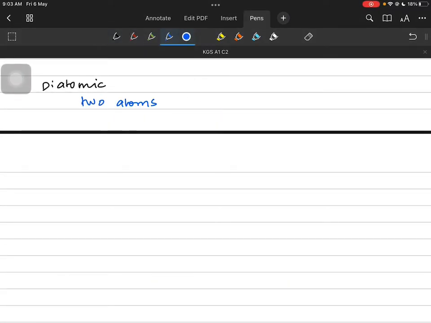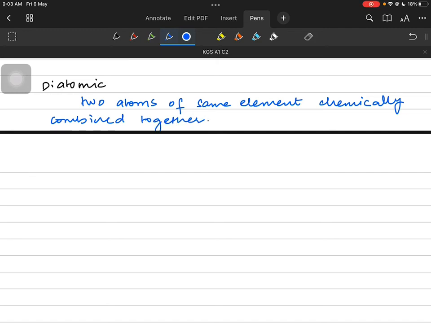Diatomic elements, we are talking about elements again. Diatomic elements means two atoms of the same element, obviously, chemically combined together. So it's a pair of atoms and there is a chemical bond between those two atoms. It could be two bonds, it could be one bond, it could be three bonds.